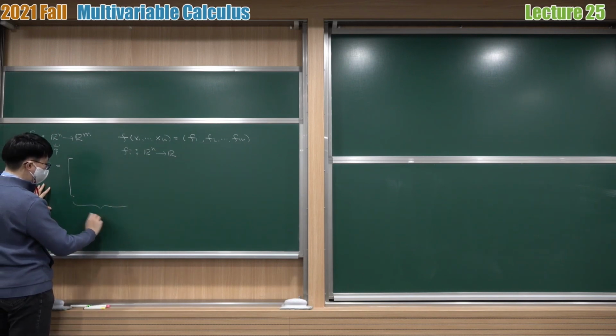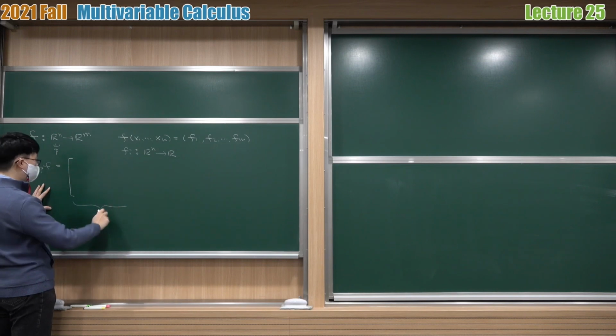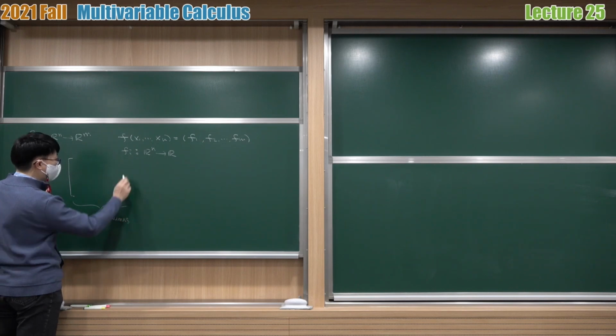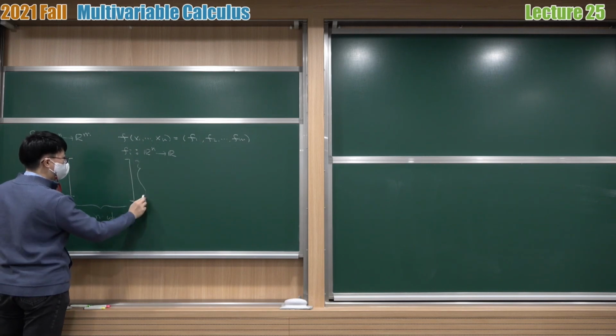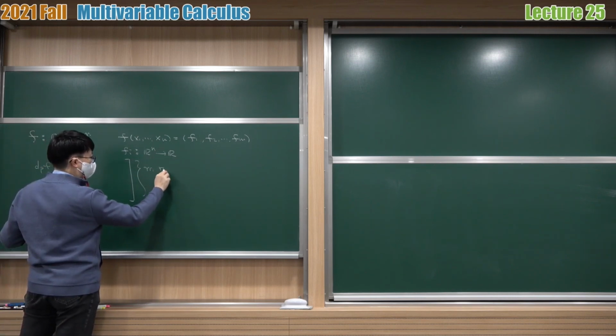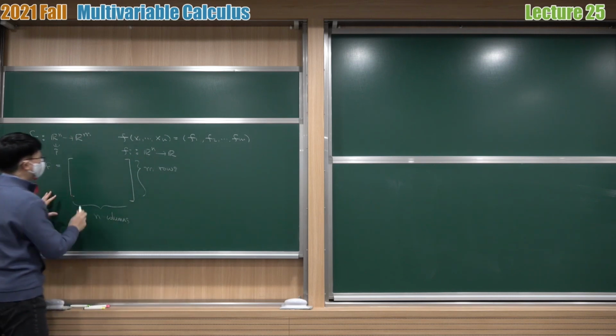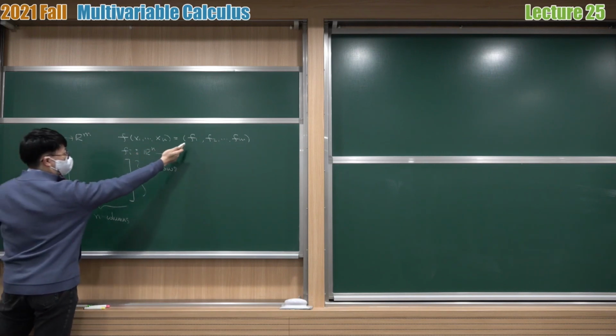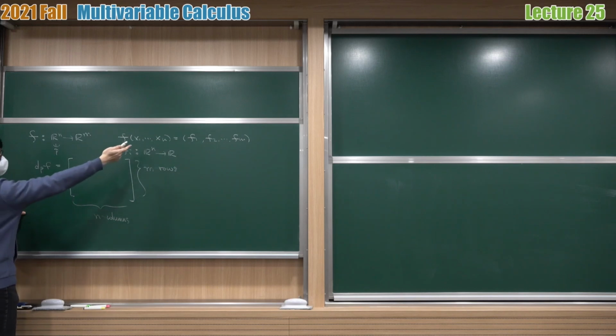It has n columns and m rows, and the entries of this matrix are given as the partial derivatives of these coordinate functions.